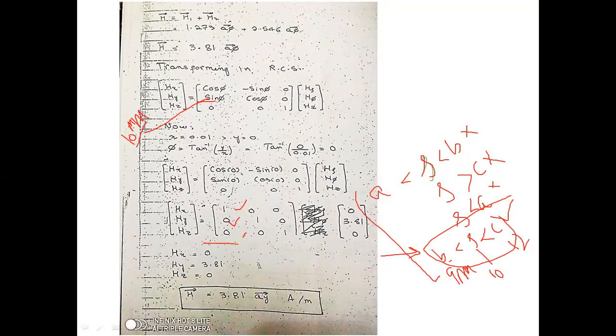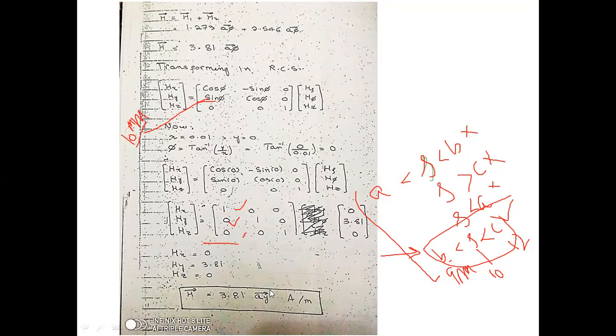By the matrix multiplication rules, we will get hx is equal to 0, hy is equal to 3.81, and hz is again 0. So H is equal to 3.81 in the direction of ay, and in this way we have transformed H from the cylindrical coordinate system to the rectangular coordinate system.